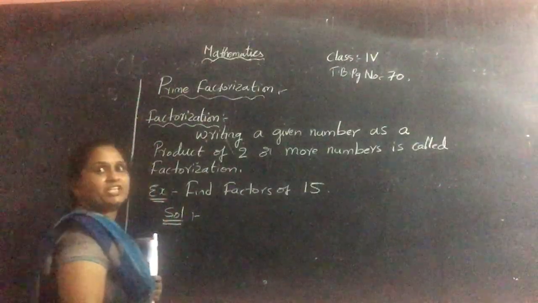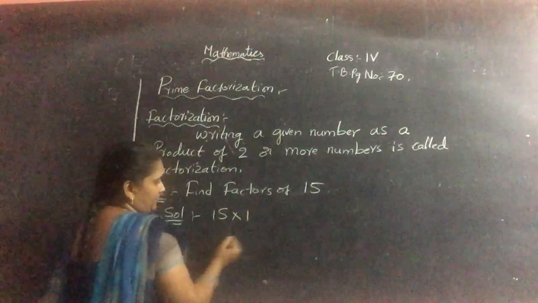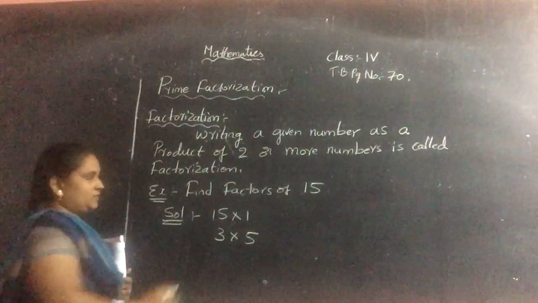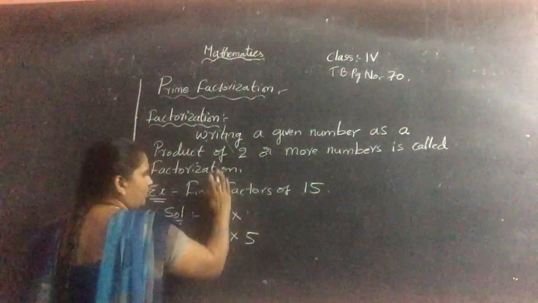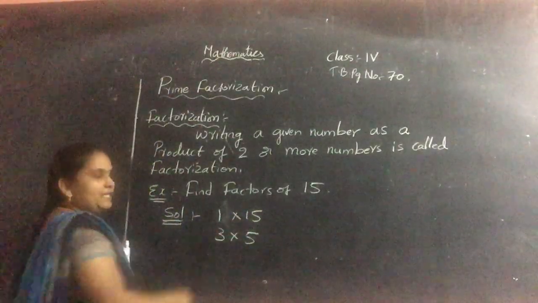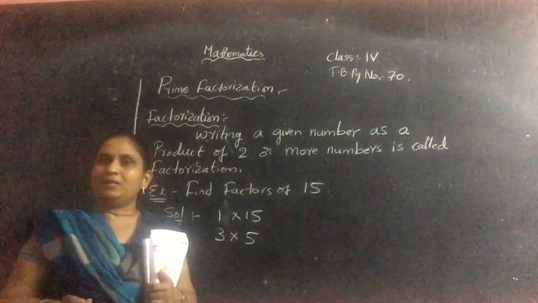15. How can we write it, children? 1 times 15 is 15. 3 times 5 is 15. Apart from these, is there any other table in which 15 is a multiple?